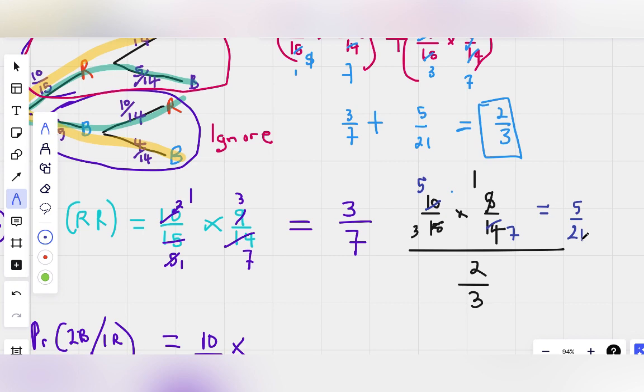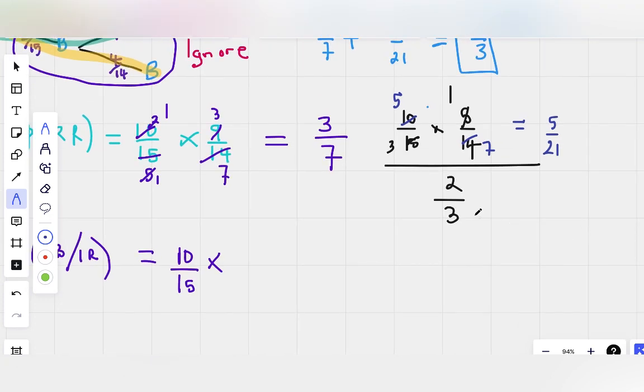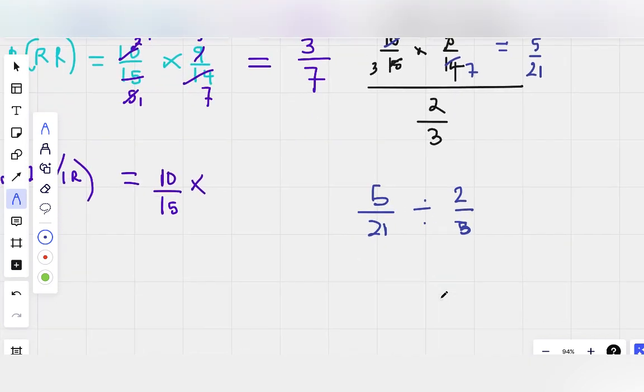So we can now solve this fraction. We get 5 over 21, divided by the denominator, 2 over 3. In division, you change this one to multiplication, and you flip this one.